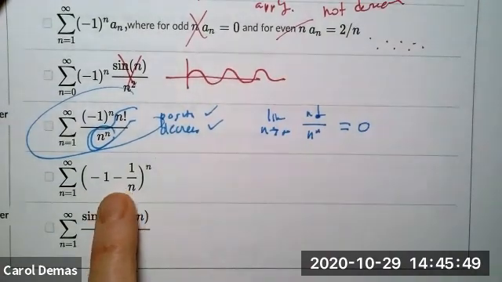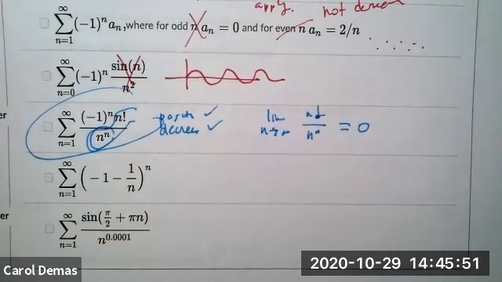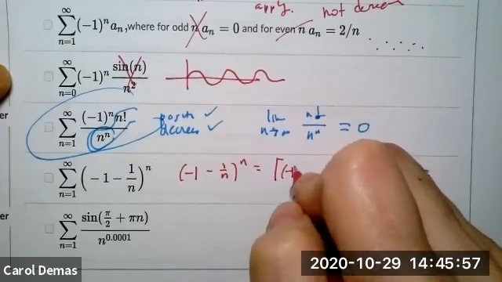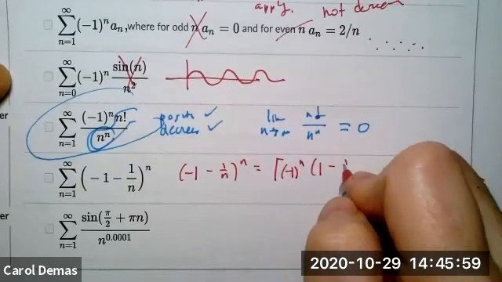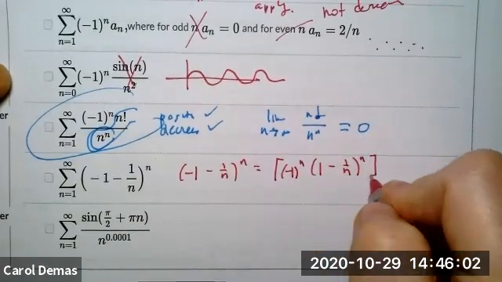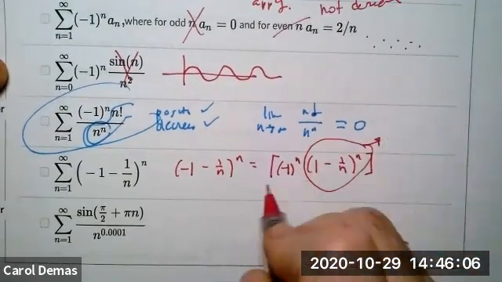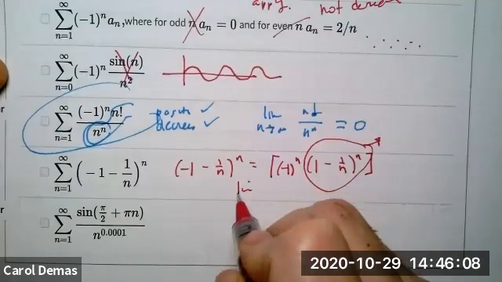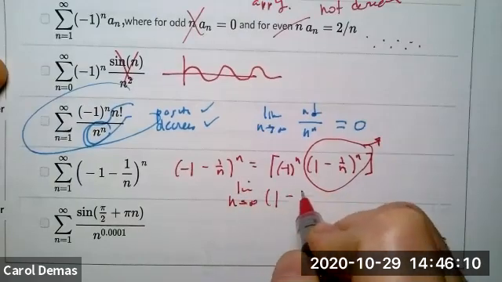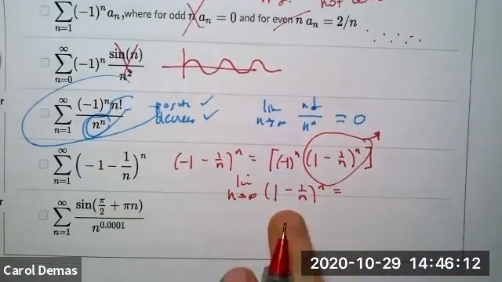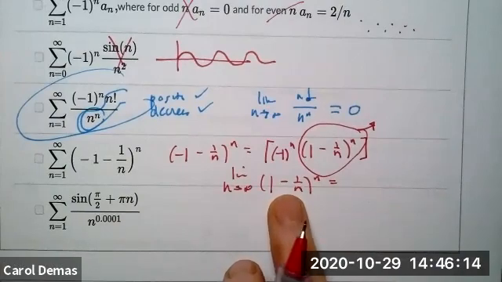Okay, what about this? I can rewrite that as -1 to the n times 1 minus 1 over n to the n. Anybody recognize this guy? As the limit is going to infinity, we have a minus sign there, so it's not going to be e, it's going to be 1 over e.